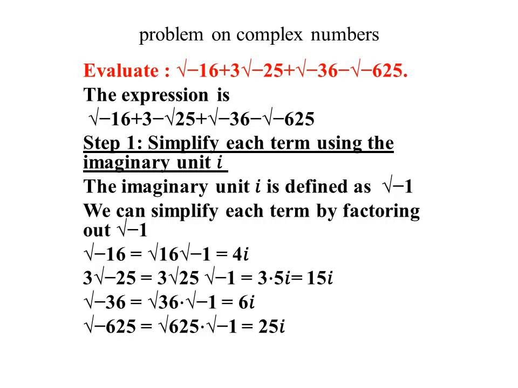Root minus 36 is equal to root 36 into root minus 1, that is equal to 6i. After that, root of minus 625 is equal to root of 625 into root minus 1, that is equal to 25i.